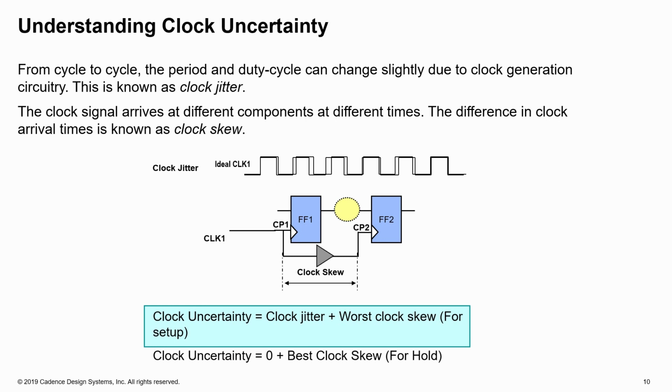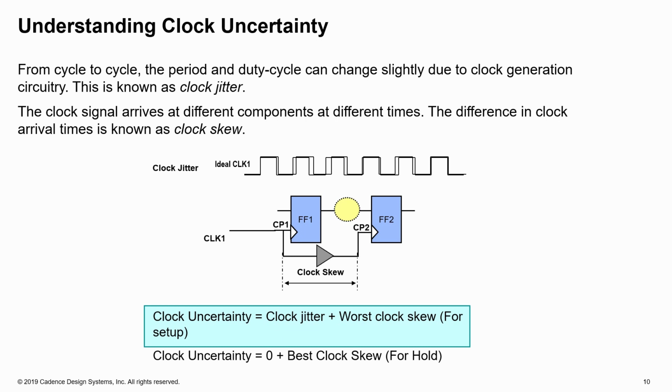So basically, clock uncertainty becomes whatever clock variation is due to clock jitter, plus the worst case clock skew for the setup, and for the uncertainty for hold it is your best case clock skew, and that is what is used to determine the uncertainty.